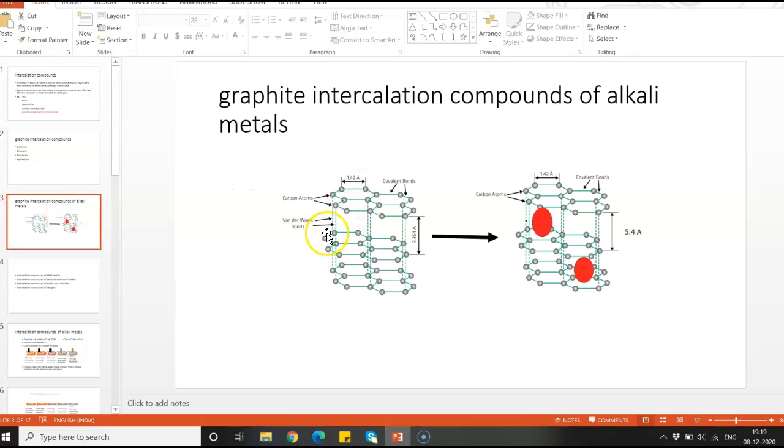Graphite has a layered structure, and in between the layers you can incorporate various ions or molecules. One important class of graphite intercalation compounds is alkali metal incorporated graphite intercalation compounds. You can incorporate alkali metals between the layers of graphite to make graphite intercalation compounds of alkali metals.